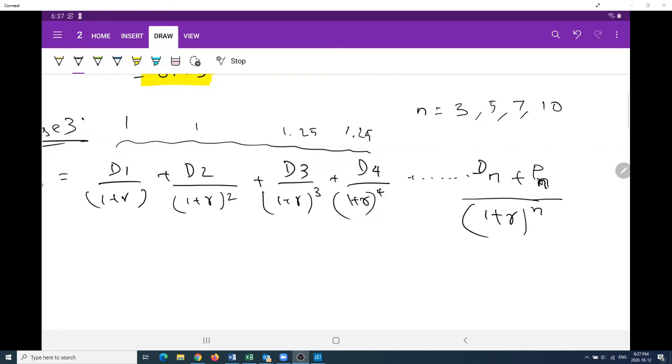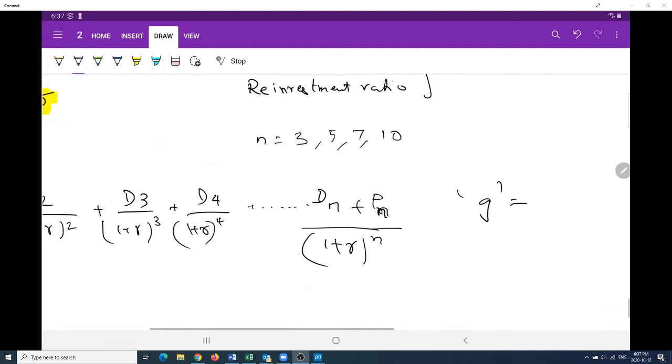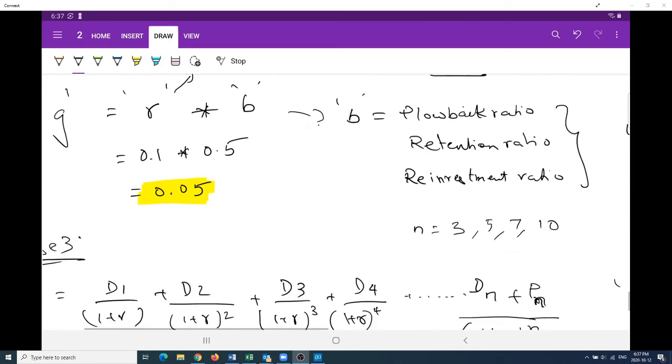Dividends tend to be sticky, and firms do not have a constant target payout ratio. But beyond a particular time, after a few years, it's reasonable to assume some sort of constant growth rate, and this growth rate is potentially given by this formula over here, the sustainable growth rate.